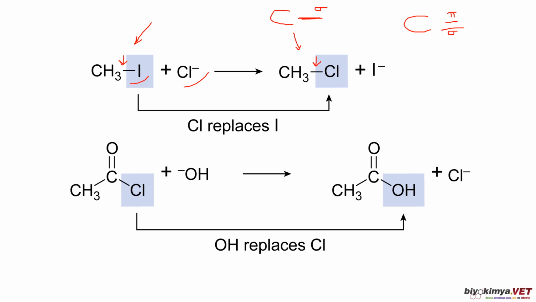So iodomethane reacts with the chloride to form chloromethane and iodide. And in this reaction, as you see, this is acetyl chloride, which reacts with the hydroxide, and at the end, acetic acid and chloride ion form. So the hydroxide replaces chloride.